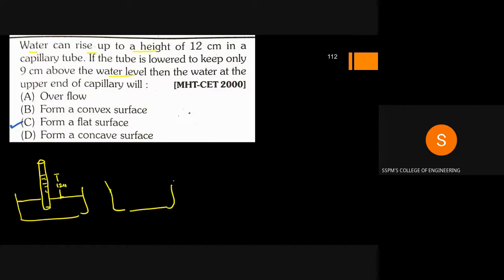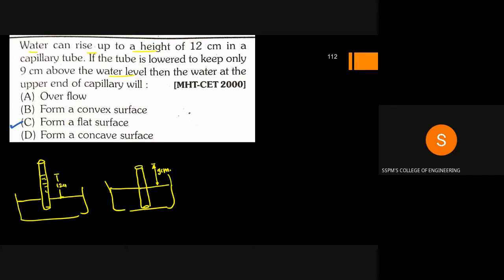So if you lower the tube like this, so this portion above the liquid level, it is just a 9 centimeter. Okay. So condition is overflow, that is a capillary will overflow, form a convex surface, form a flat surface, and form a concave surface.